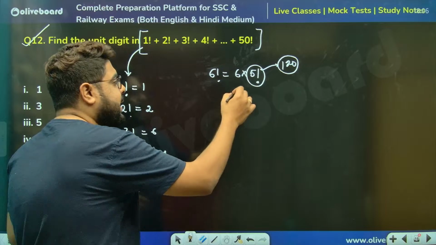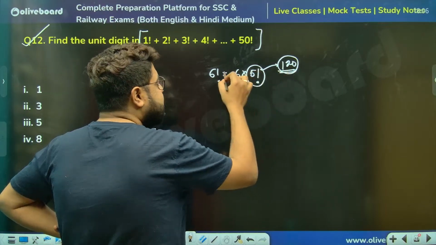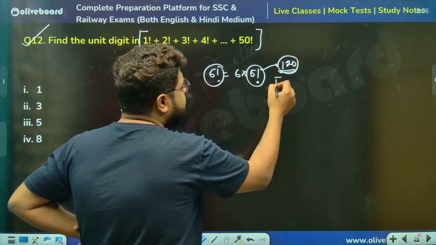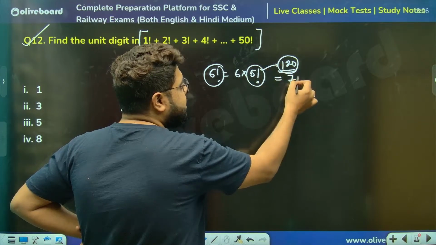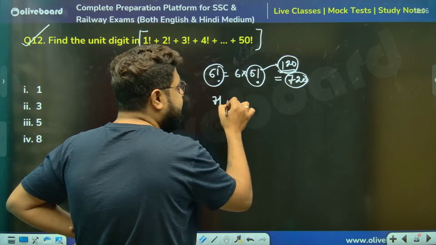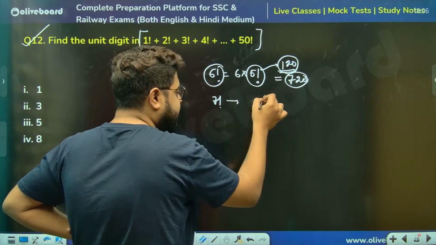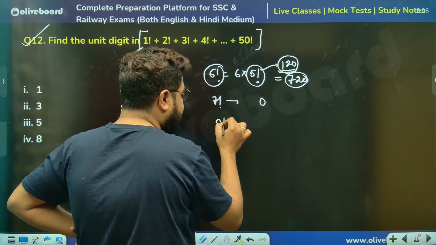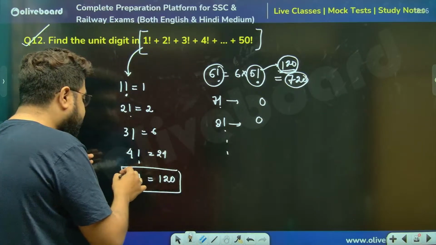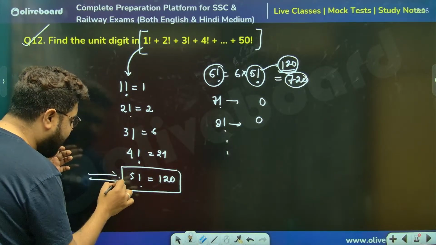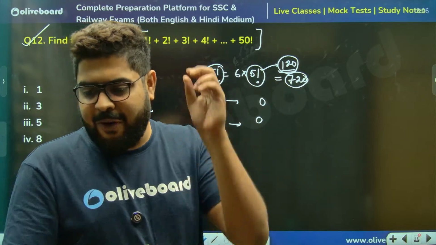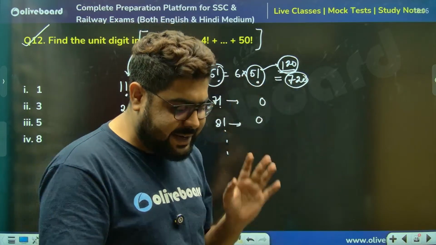Once I start getting a 0, 6 factorial is 6 into 5 factorial, so that will also involve a 0. 6 times 120 will also end in 0. 7 factorial, same thing, 720 into 7, again a 0. 8 factorial, again a 0. From 5 factorial and onwards, all the factorials end in 0.